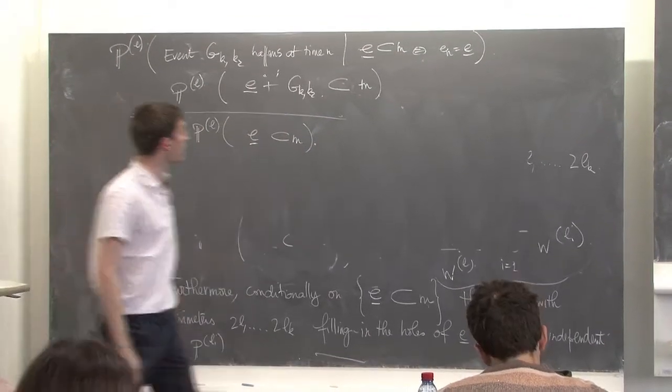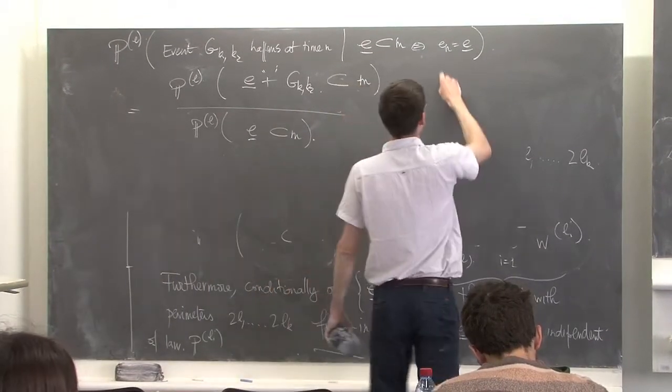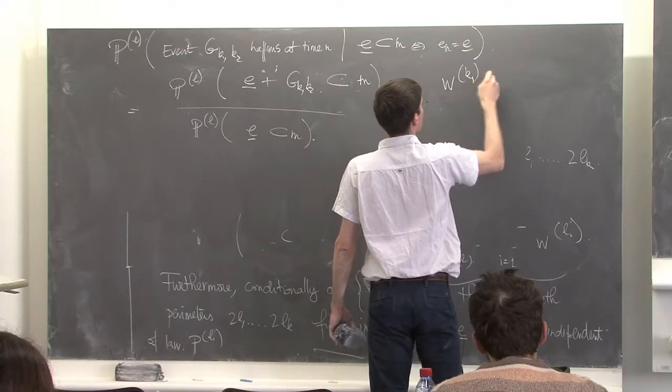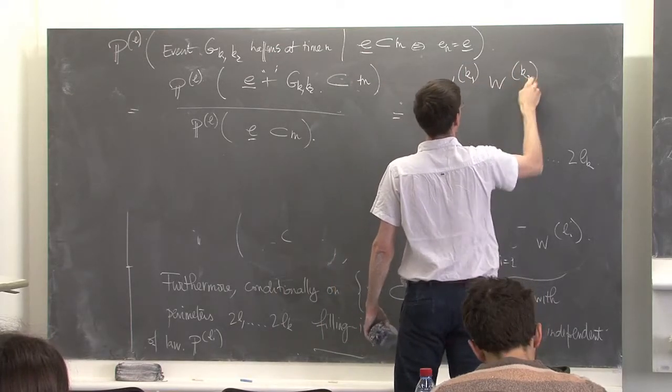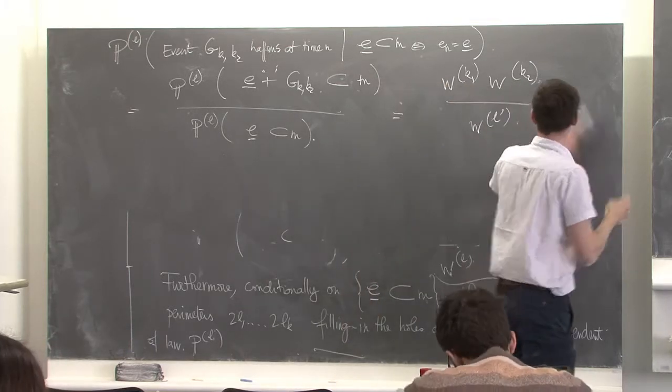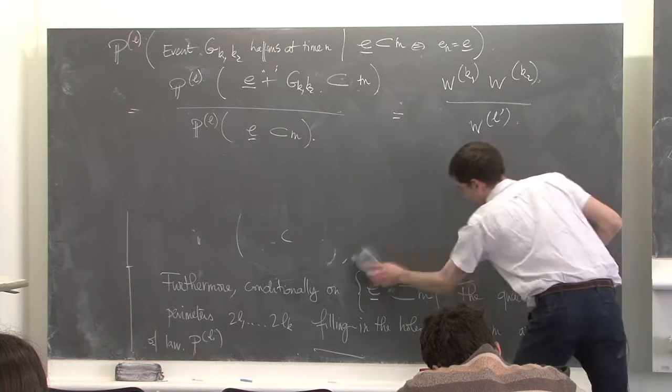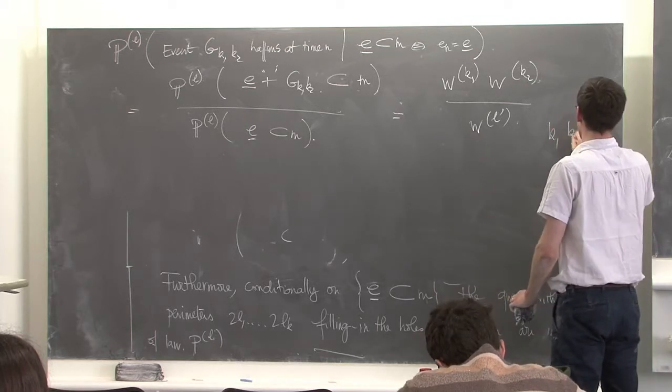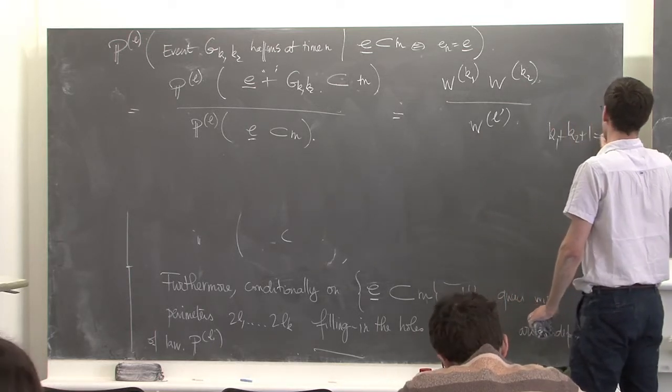Here again, many things will cancel, and the only thing that will remain, where you've got K1 plus K2 plus 1 is equal to L prime.